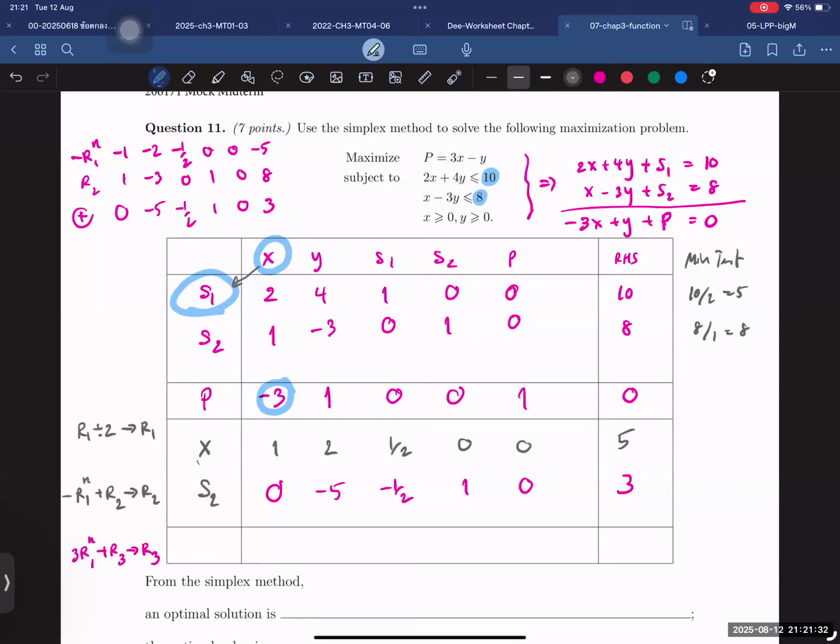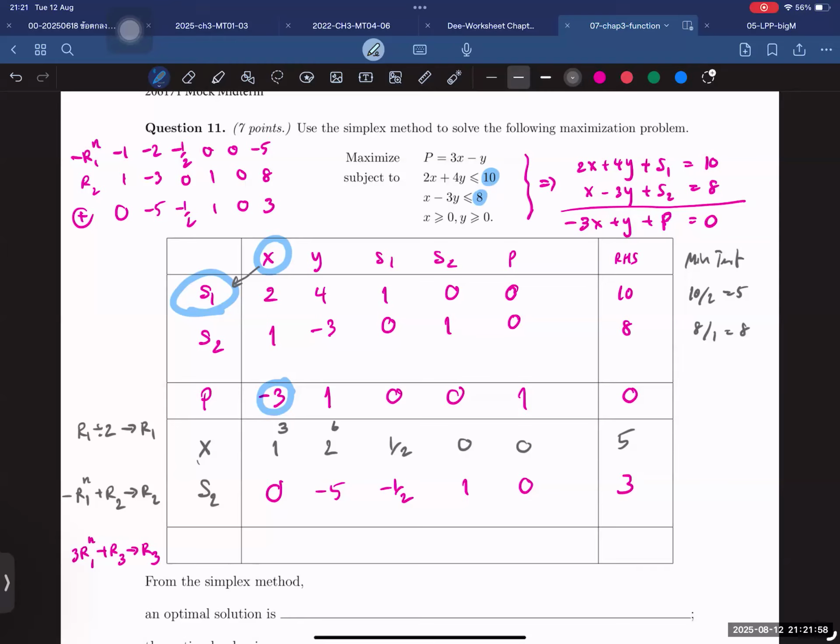We multiply this one by 3, so we get 3, 6, 3.5, 0, 0, 15. Combine these two, and we get 0, 7, 3.5, 0, 1, and 15.